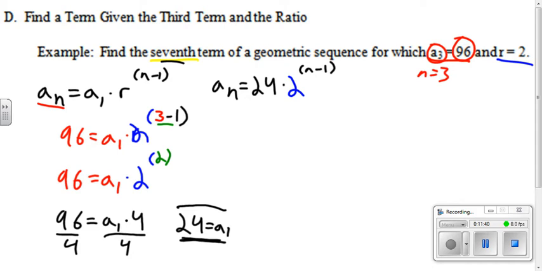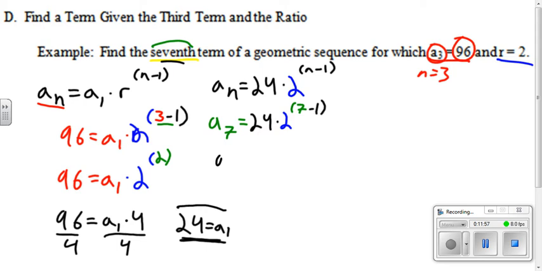Now from here, we plug in 7 into our term, so we'd say a sub 7 equals 24 times 2 to the 7 minus 1 power.